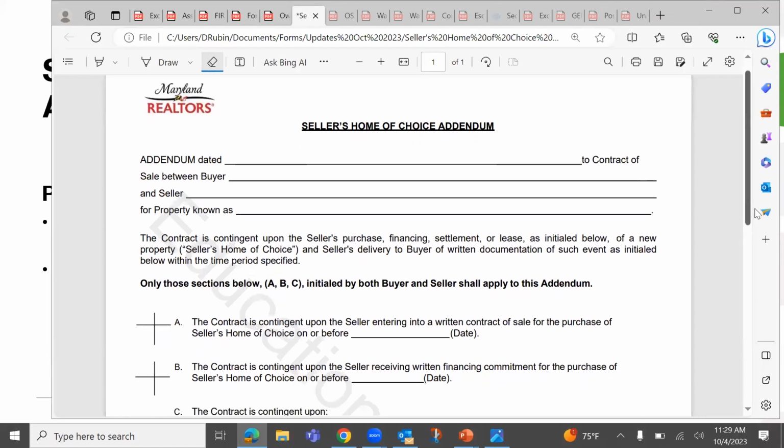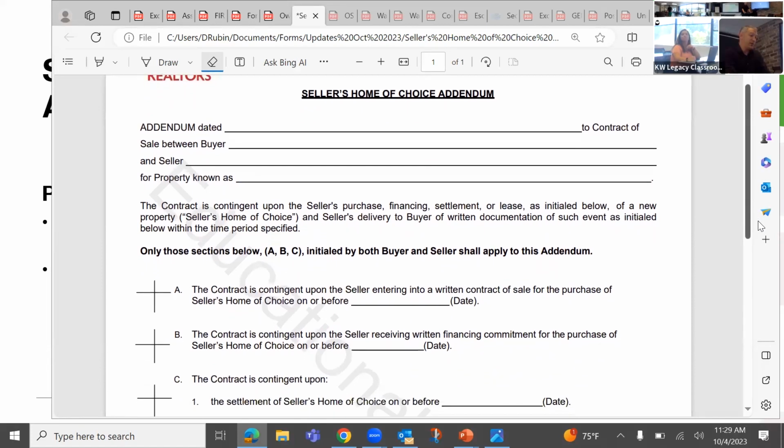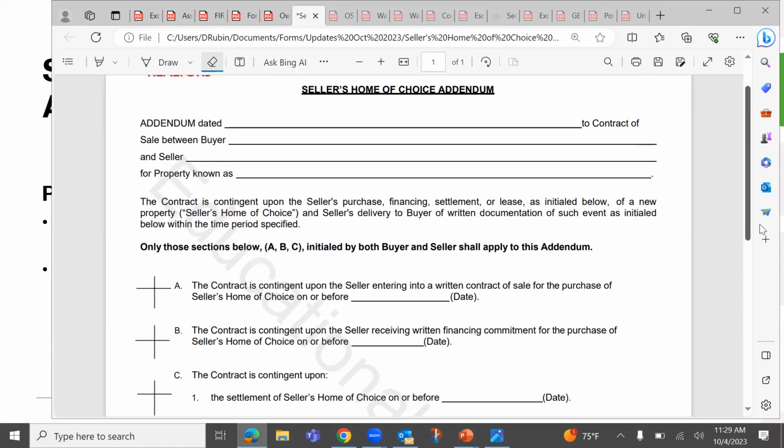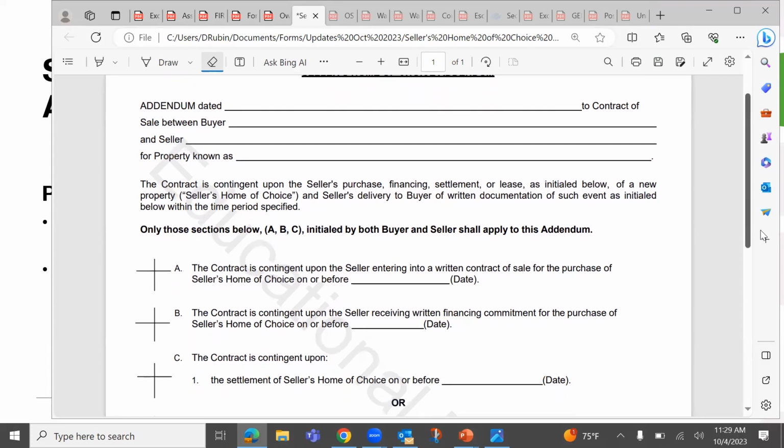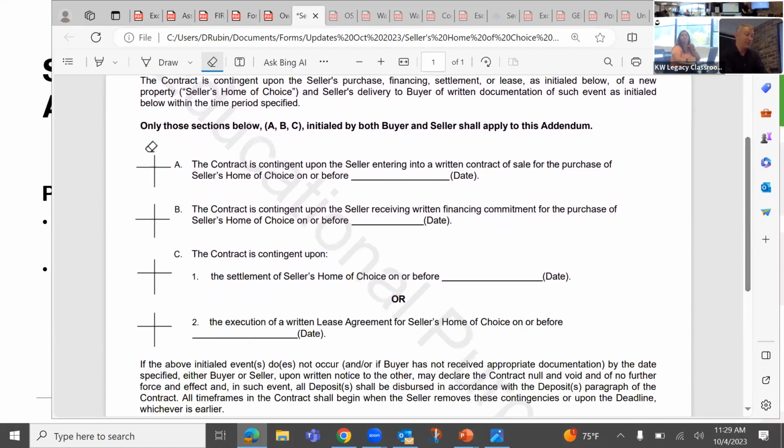Seller's home of choice. This may look similar to what you've already seen. This is the seller saying, I'm willing to sell this to you, but only if some of these things happen. The seller can mandate that one, two, or all of these need to happen as a contingency for the contract.